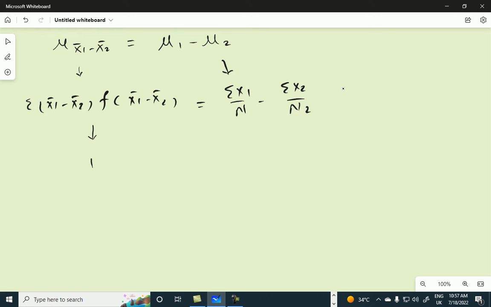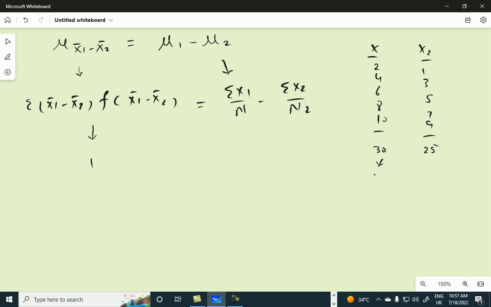Now turn to the right hand side. As we know that x1 is equal to 2, 4, 6, 8 and 10, and x2 is equal to 1, 3, 5, 7 and 9. The sum of all these values is how much? 30, and this is 25.